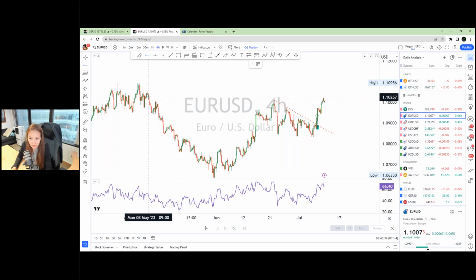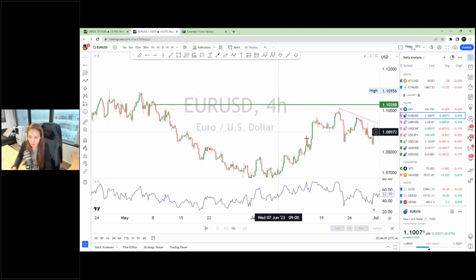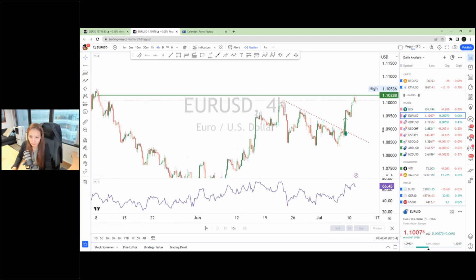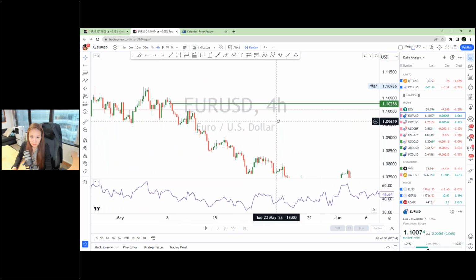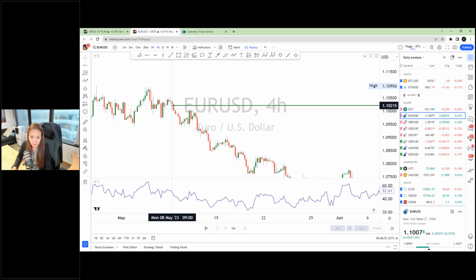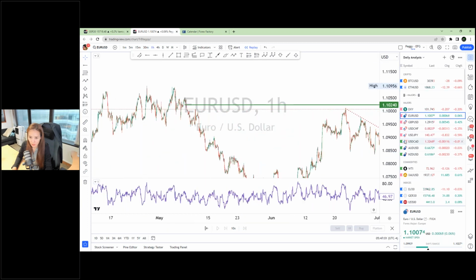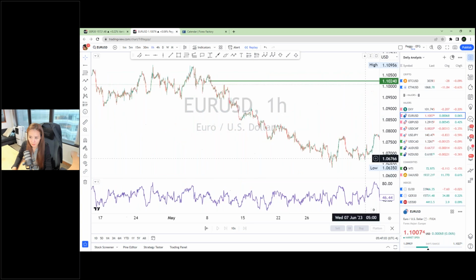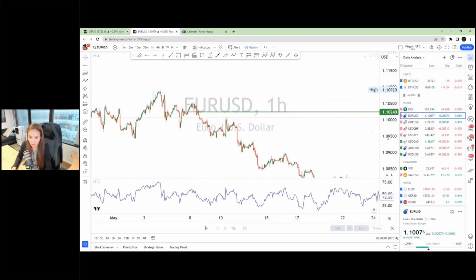Let me see. If I zoom in here, H4, this is, let me zoom in to M30.